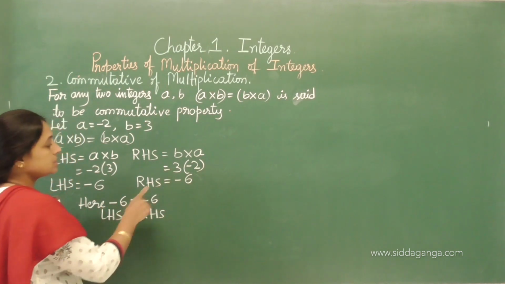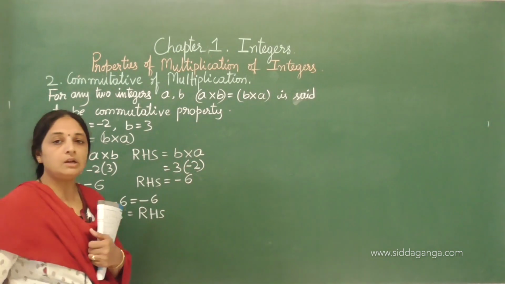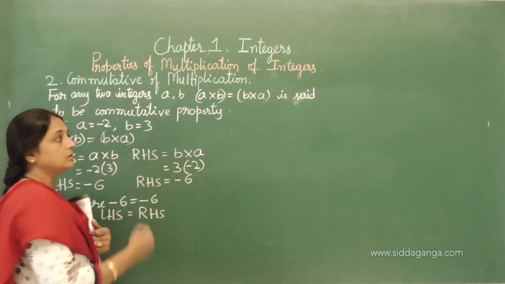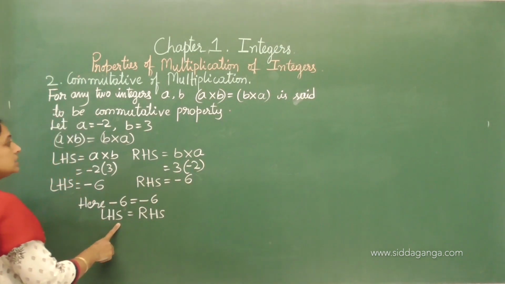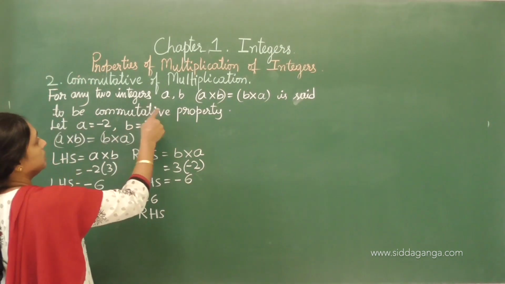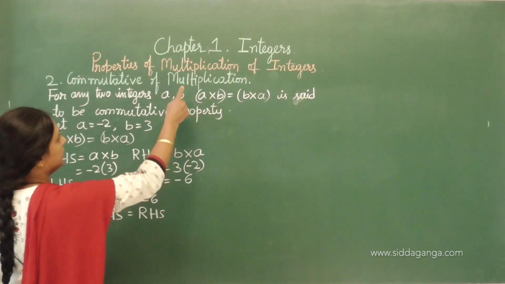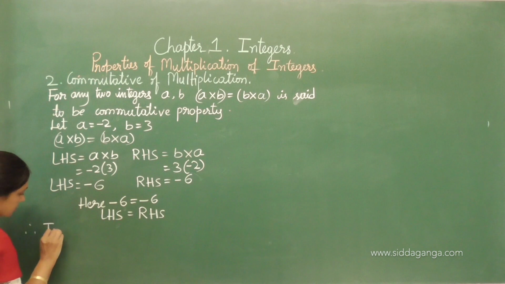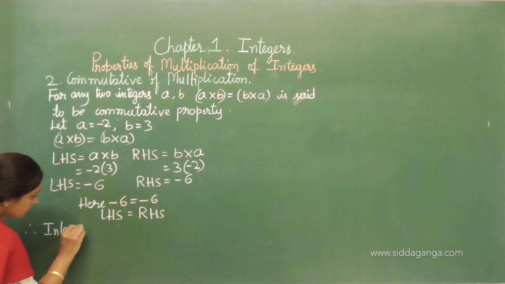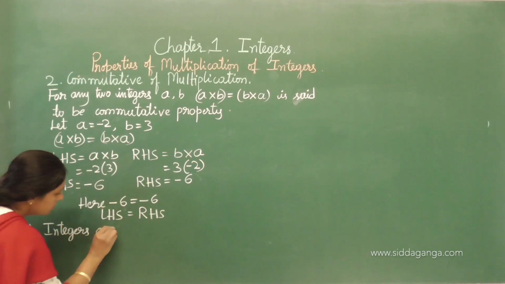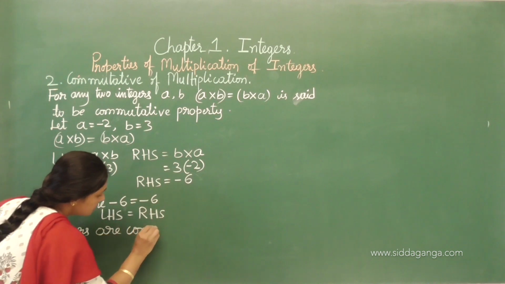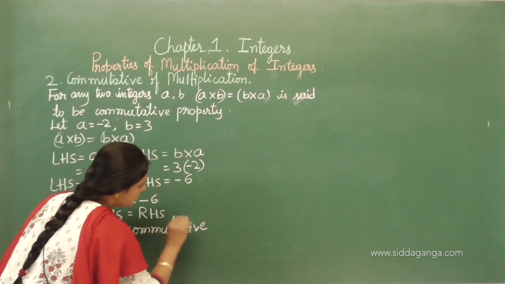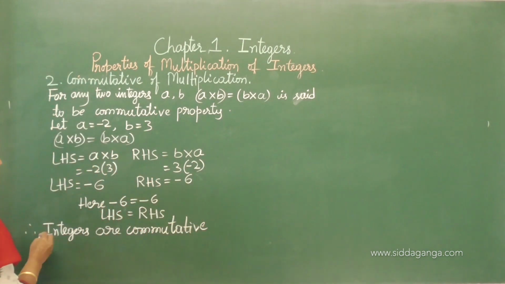Then -6 also belongs to Z, that is integers, and we can say that integers are commutative under multiplication. Therefore integers are commutative under multiplication.